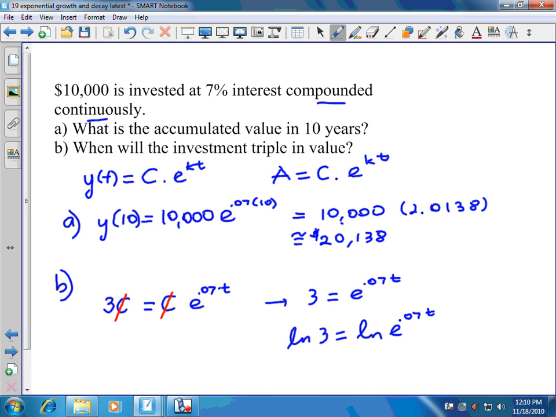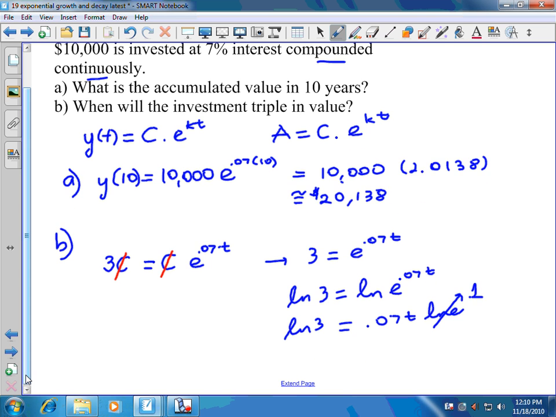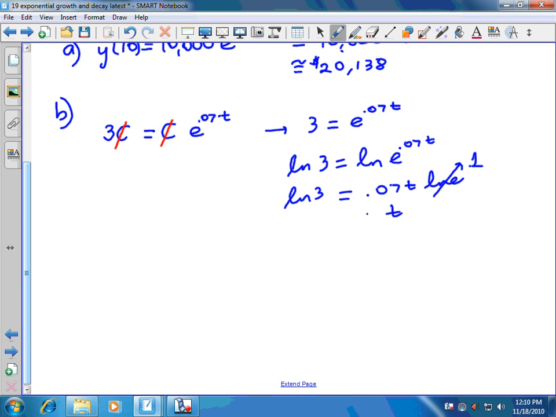And then one of the properties of log says you can bring the power down. ln e is 1. So to solve for t, we just have to divide both sides by 0.07. So t equals ln, or natural log of 3 divided by 0.07.